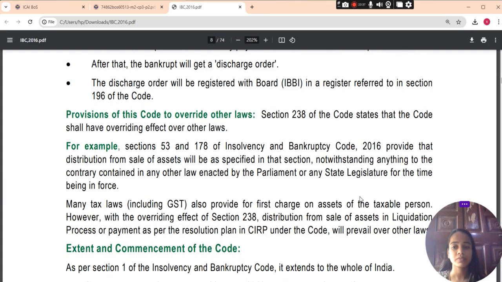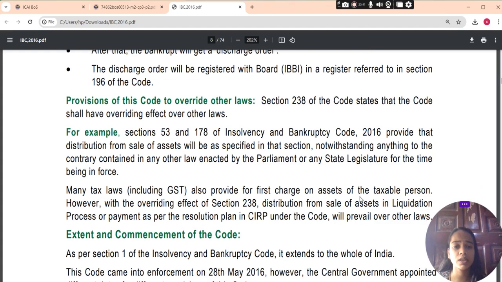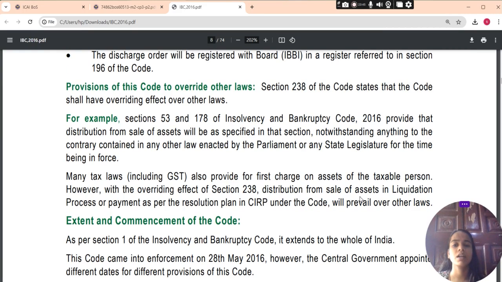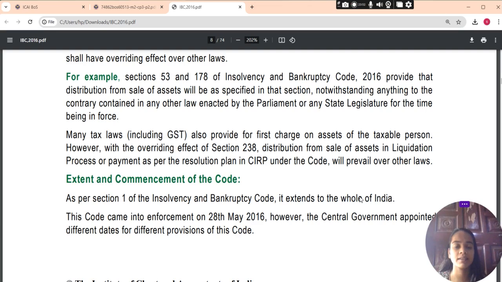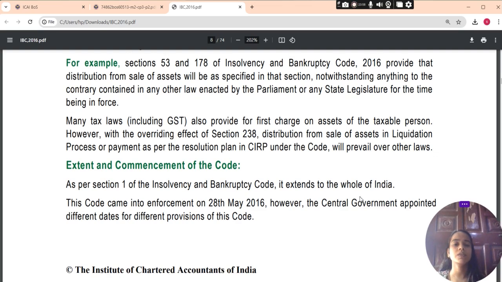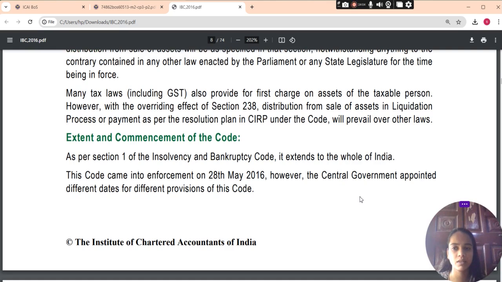of the code. What will be the provision of this code to override other laws? Section 238 of the code states that the code shall have overriding effect over other laws. For example, Section 53 and Section 178 of the Insolvency and Bankruptcy Code 2016 provide that distribution from sale of assets will be as specified in that section, notwithstanding anything to the contrary contained in any other law enacted by the Parliament or any state legislature for the time being in force.